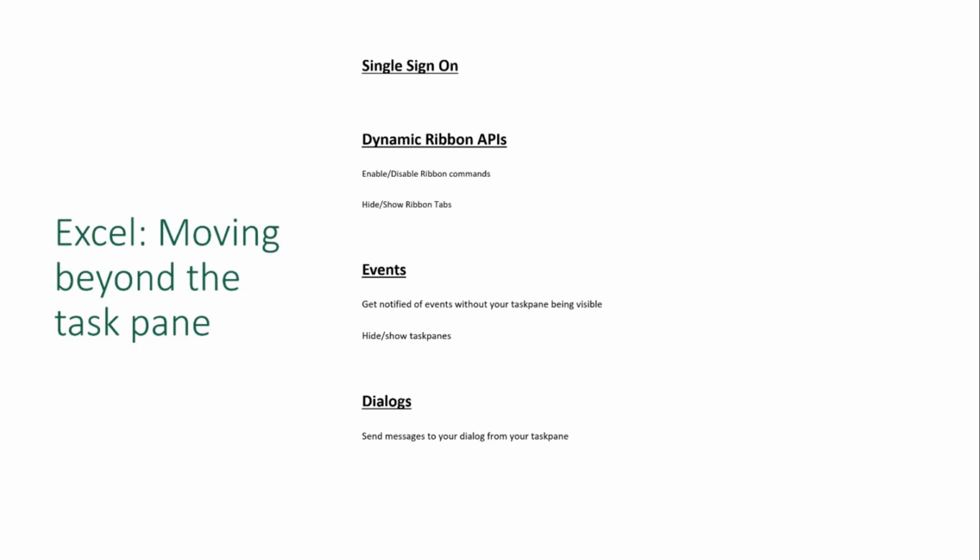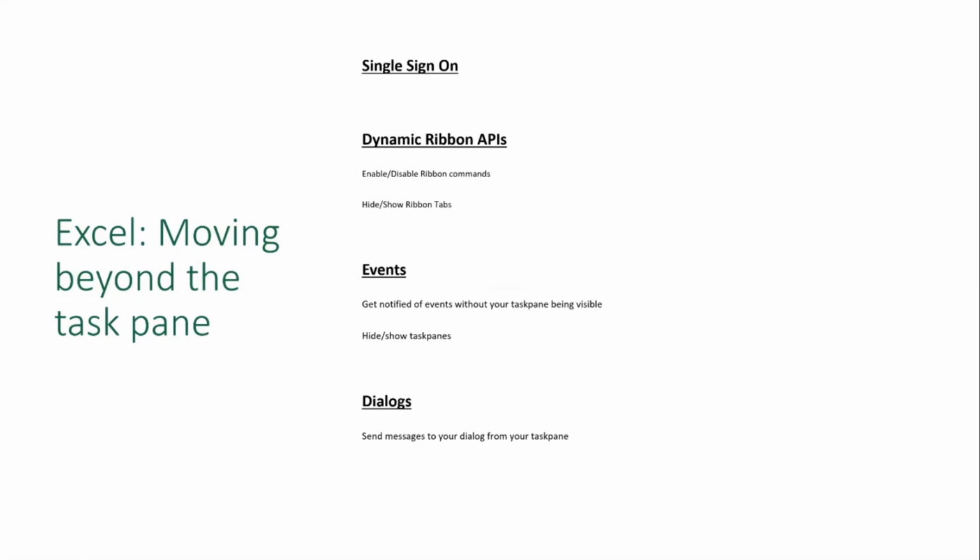Nitesh talked about single sign-on. In the coming months, we'll have folks from our team share some new APIs around dynamic ribbon, so the ability to disable ribbon commands. We're going to start with Excel here, but we'll bring this to all of the platforms as well.